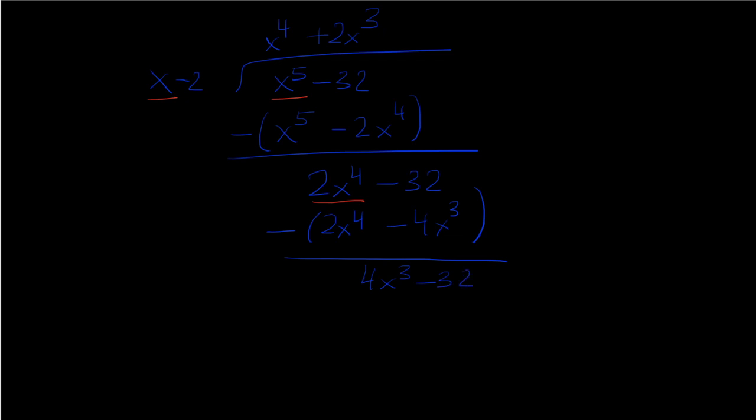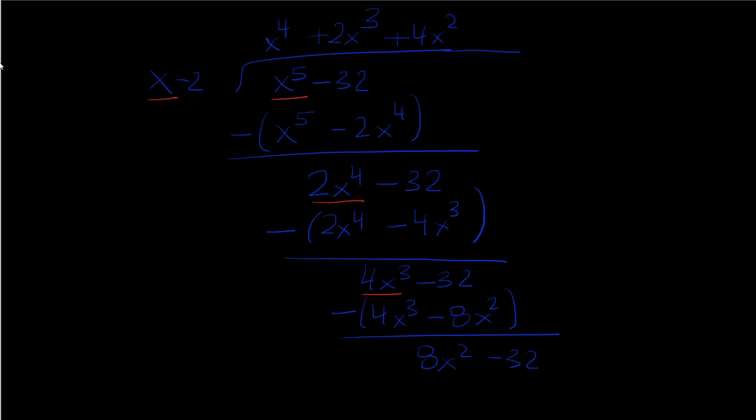Next, I look at x and 4x cubed. I need to multiply x by 4x squared. So I get 4x cubed minus 8x squared. The 4x cubes cancel, and I get 8x squared minus 32.